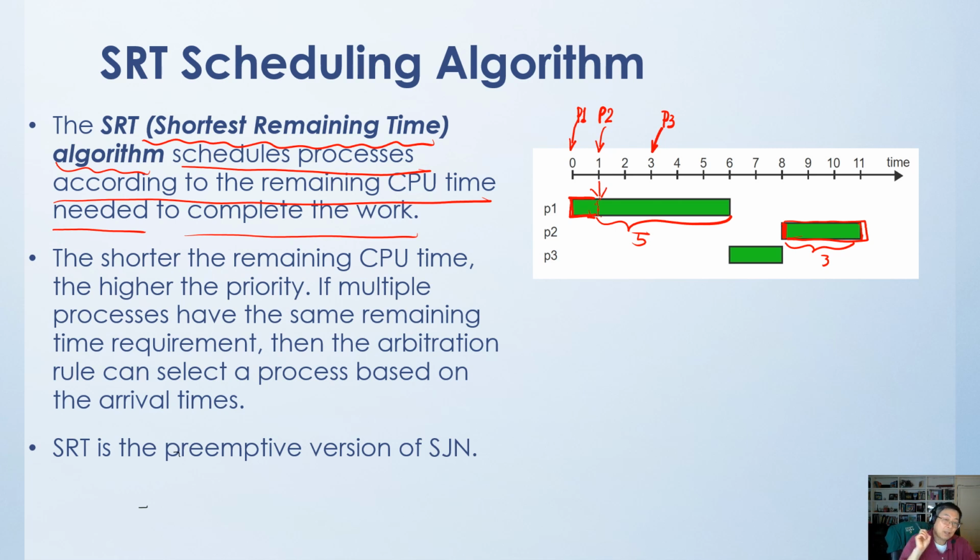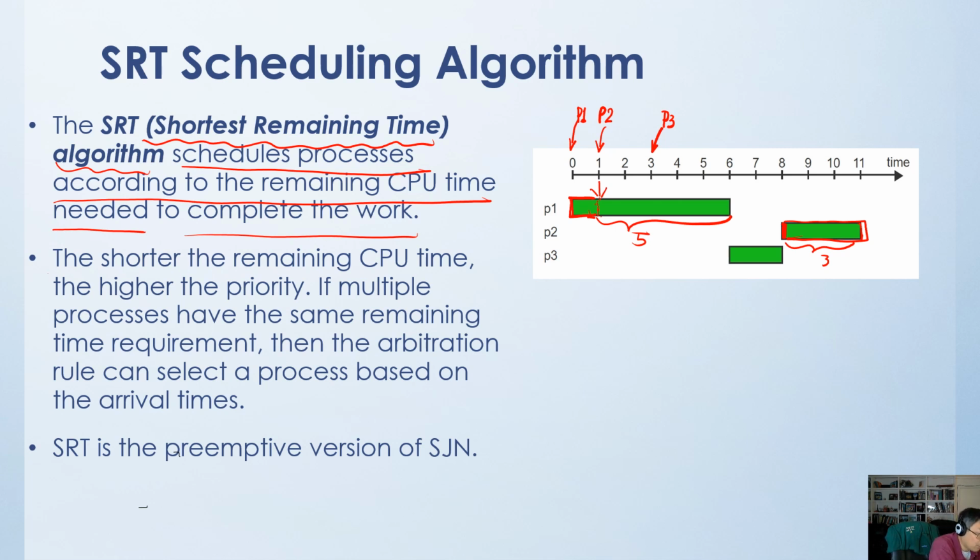So when a new process is created, the scheduling algorithm is going to compare the CPU time for the new process with the remaining CPU time for the process currently running in the CPU. You just compare the remaining time with the new process, and whoever is shorter will get the CPU. That's the SRT scheduling algorithm.